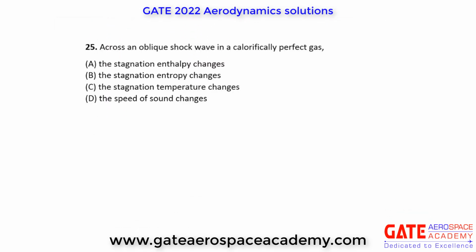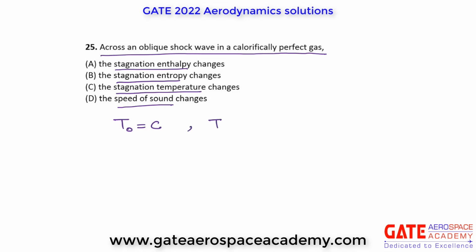Question number 25. Across an oblique shock wave in a calorically perfect gas. So in the options they are asking about stagnation enthalpy, stagnation entropy, stagnation temperature and speed of sound. Now we already know that across the oblique shock total temperature remains constant because it is adiabatic. It is not isentropic but it is still adiabatic, correct? So it means stagnation temperature T0 is constant, correct? And what about static temperature?